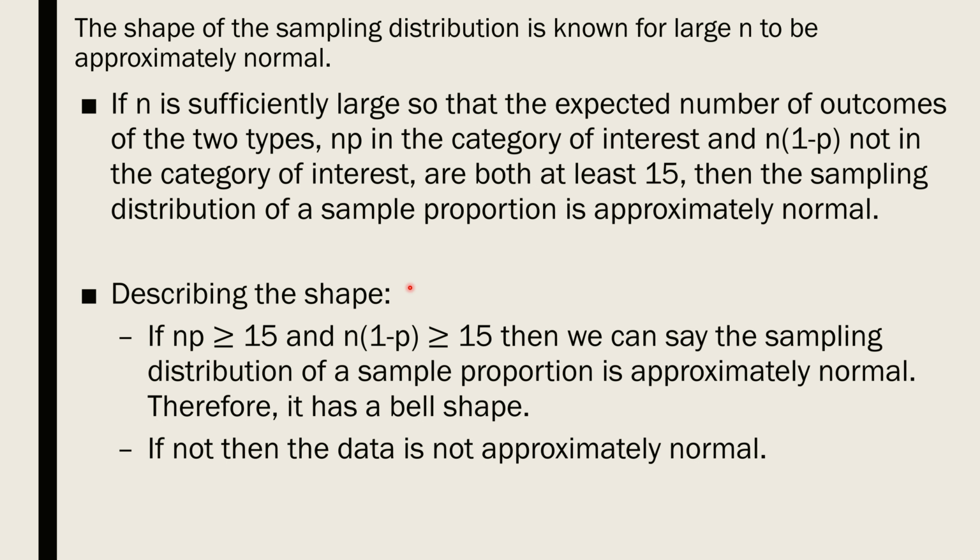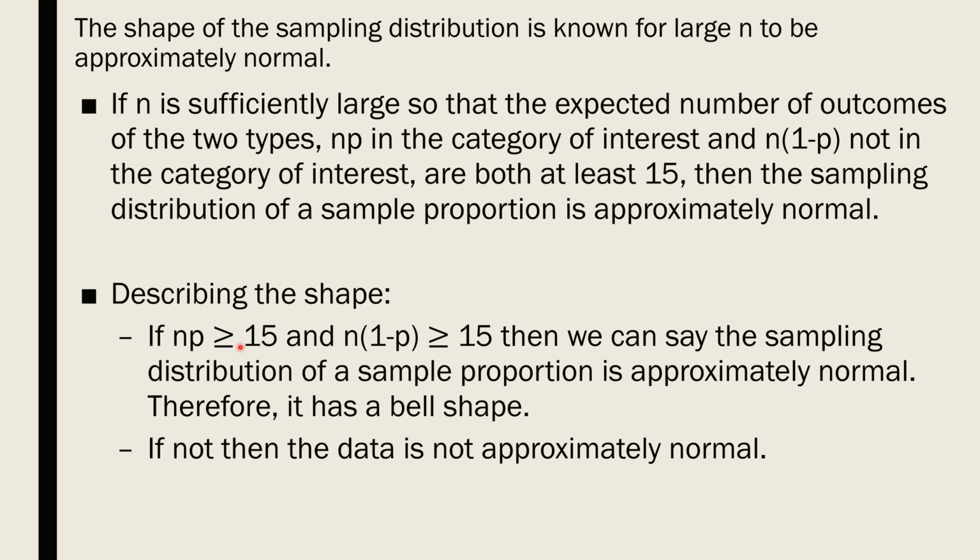The shape of a sampling distribution is known for large n to be approximately normal. This can actually be shown by the central limit theorem. If n is sufficiently large so that the expected number of outcomes of the two types, np in the category of interest and n times 1 minus p, which is not in the category of interest, are both at least 15, then the sampling distribution of a sample proportion is approximately normal.